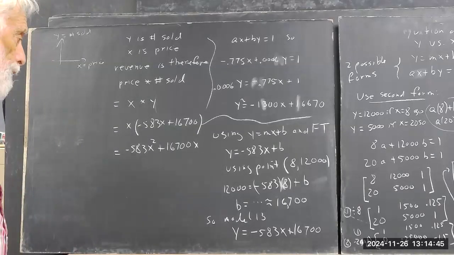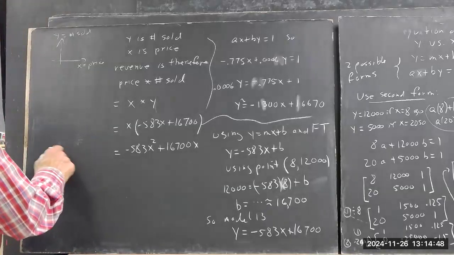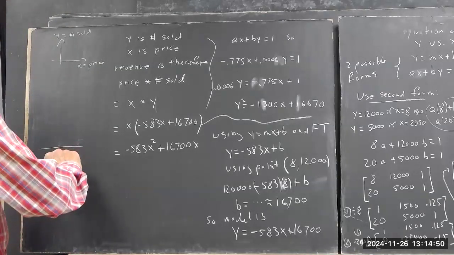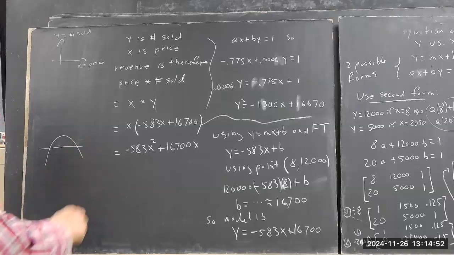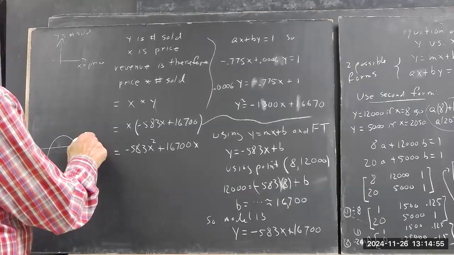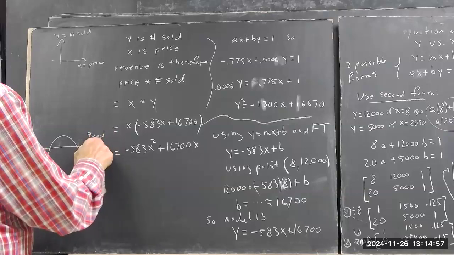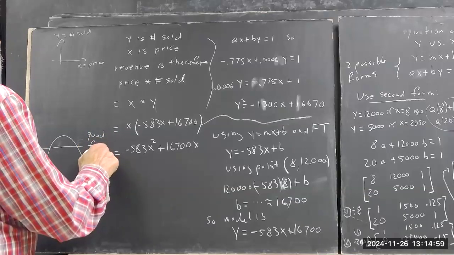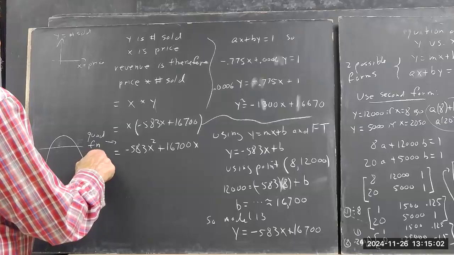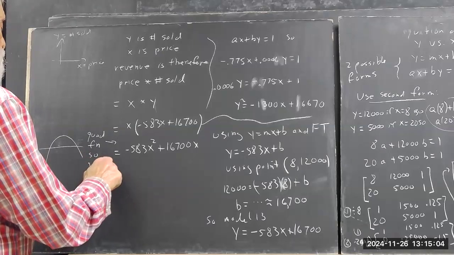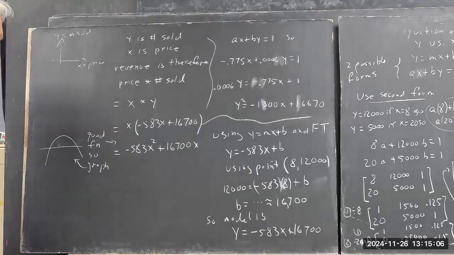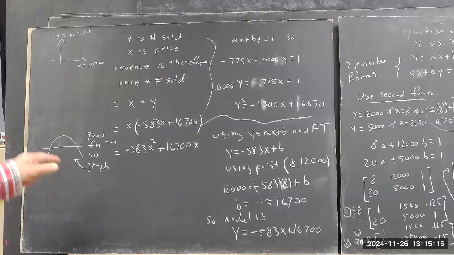Now we know that our graph is going to look like this. Now, there are things we don't know about the graph. You notice I haven't put a y-axis on it because I don't know where the intercepts are.